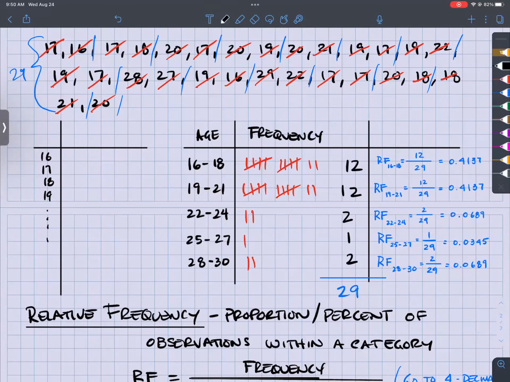It'll be 12 dots for 16 through 18, and then 12 dots for 19 to 21, and then 2 dots for 22 to 24. That's what a dot plot would be. Does that make sense? So it's not anything like engineering. No brain surgery needed.